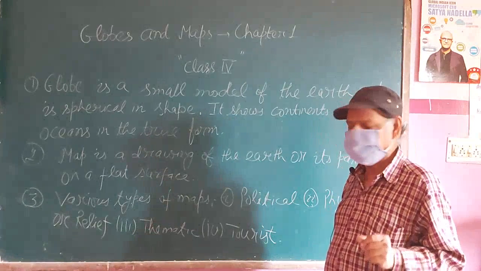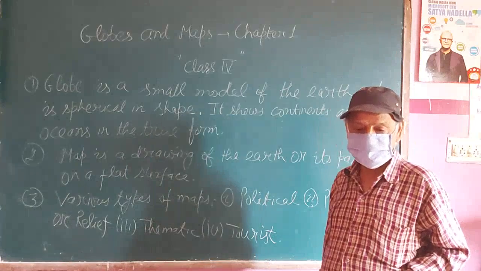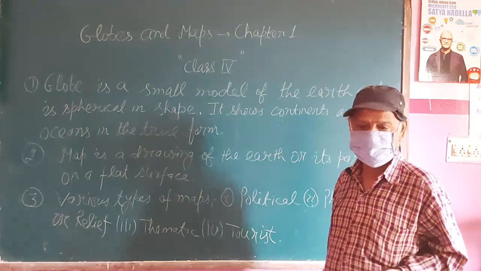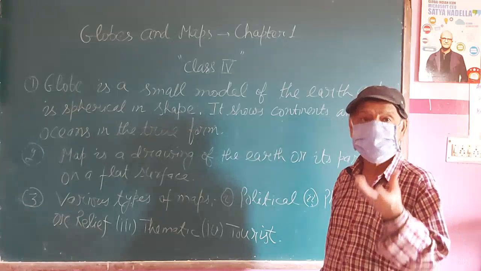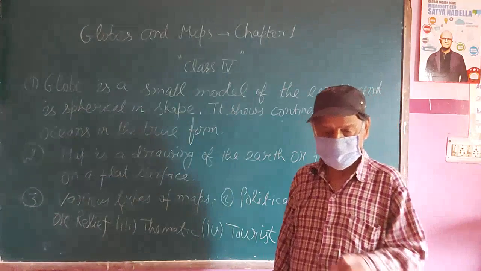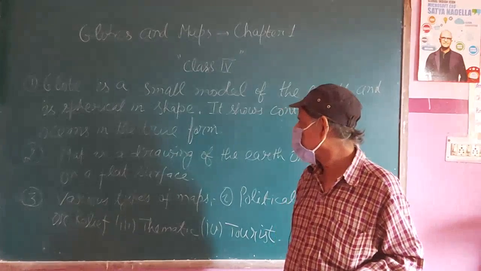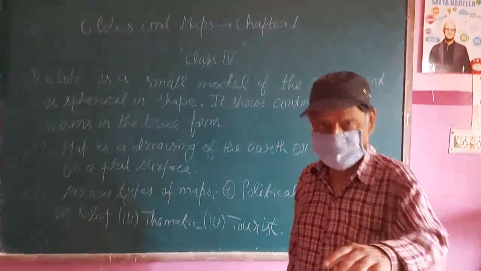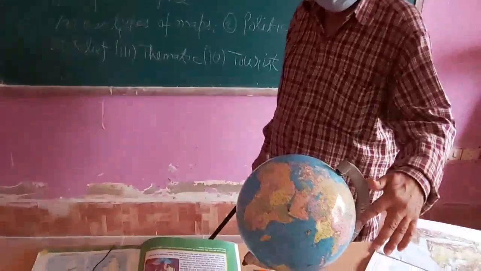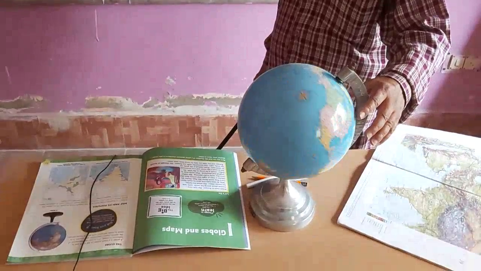Your earth is very big, you can't make it that size, so it is in a compressed form. Therefore, I will show you one that is spherical in shape. You can see here, it is spherical in shape. This globe is a small model of the earth.